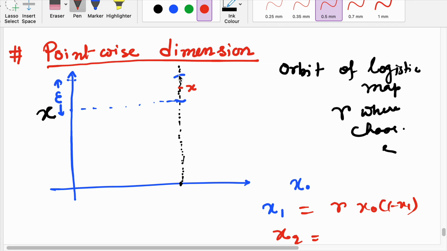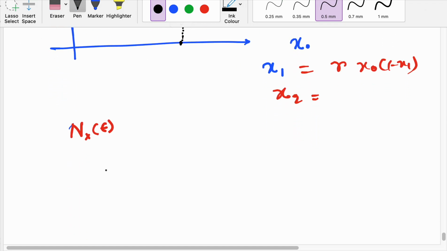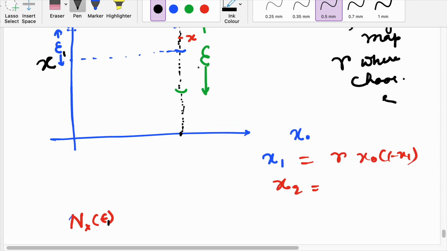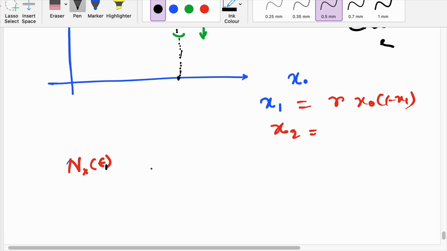Now if I increase this epsilon, suppose rather than this, I consider this much as my epsilon around this x, suppose this is epsilon 1 and this is epsilon 2, I will find N x epsilon 2.